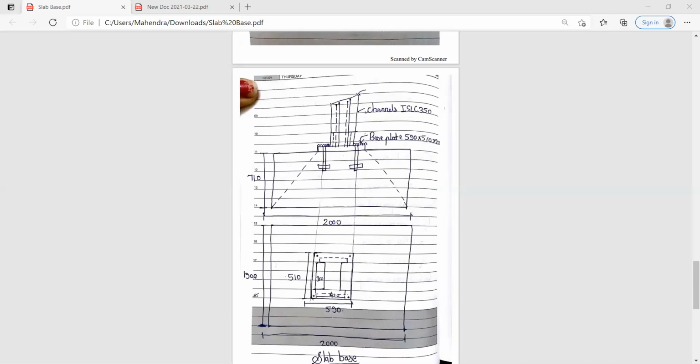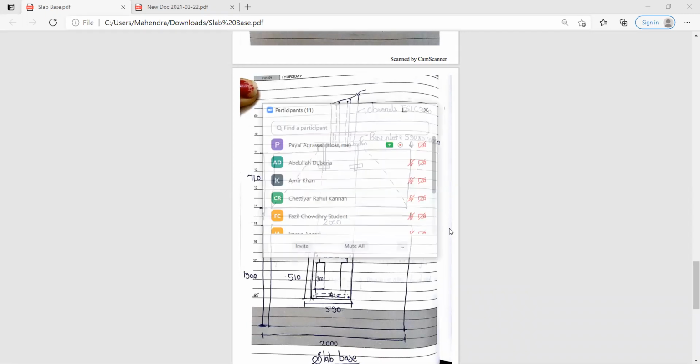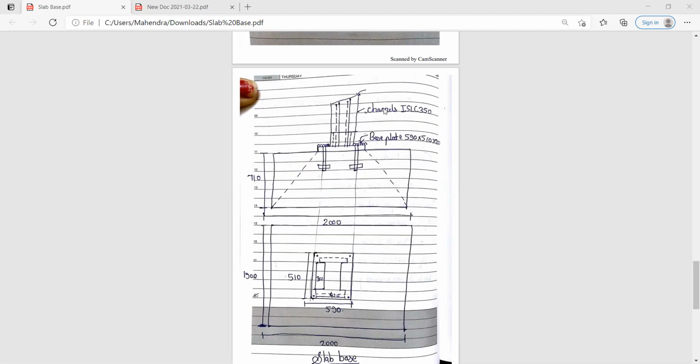Yes, everyone had done up till here. Should we proceed further? All of you had completed. Has everyone done up to here? Yes, Abdullah, Maz, had you completed?